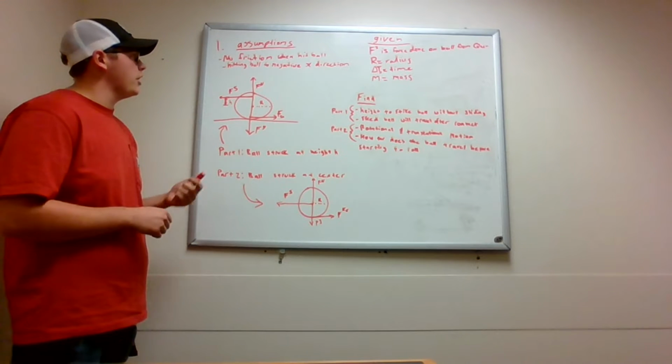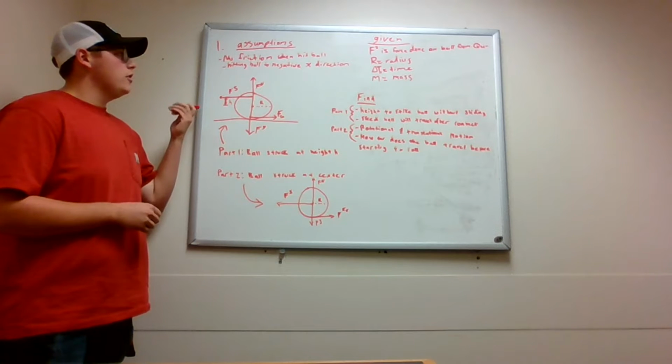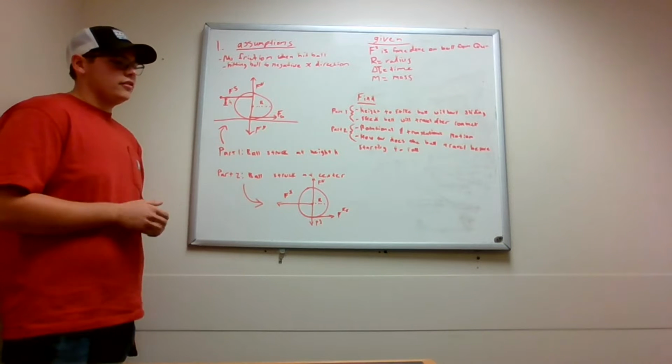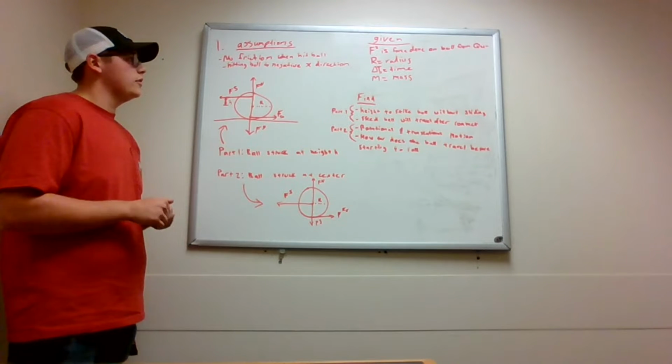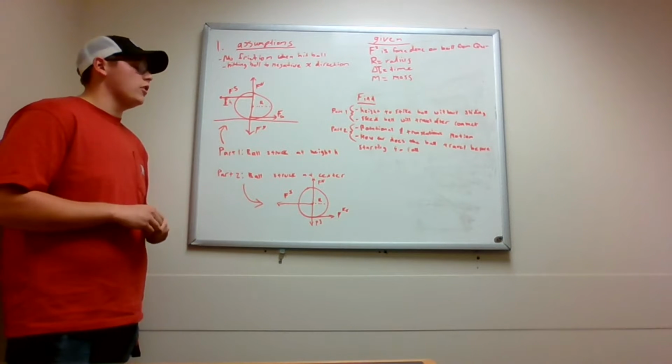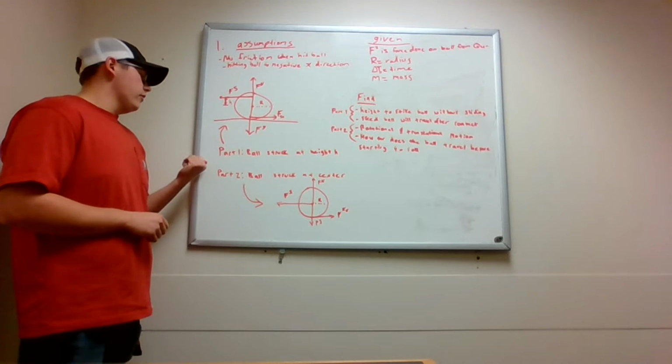And we're going to have to make some assumptions to figure this out. We're saying that there is no friction when we hit the ball, and that the ball is heading in the negative x direction. So that's part one.